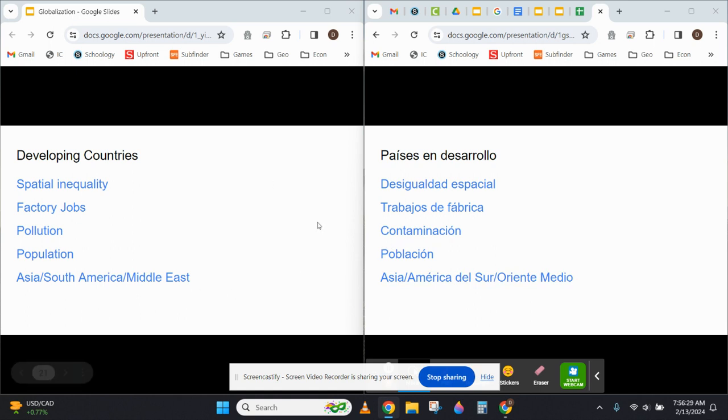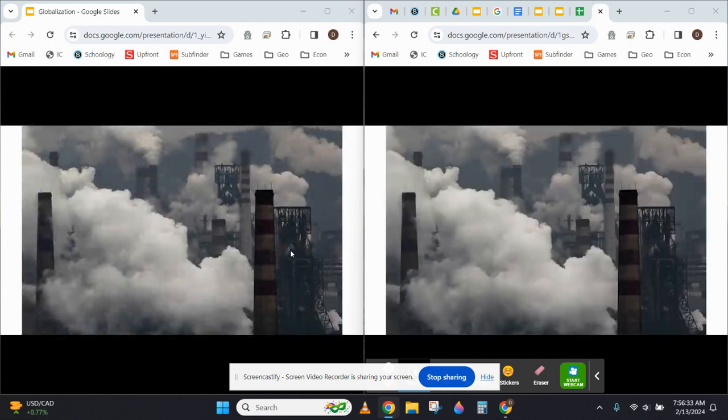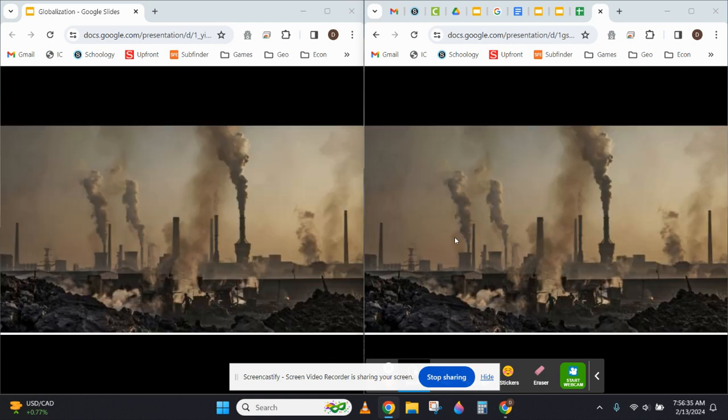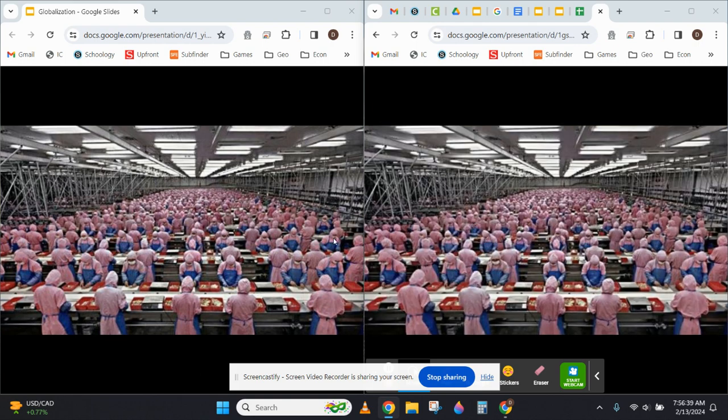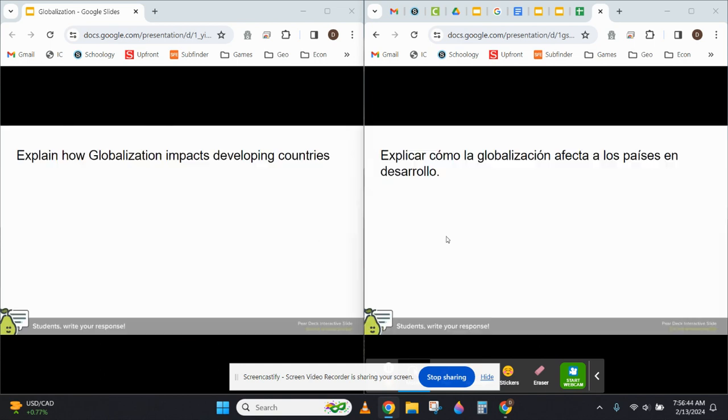These are the countries that are producing a lot of the products. Here are some of those factories, oil refineries. Here's a look inside those factories, people working, making stuff. So again, on the Pear Deck, explain to me how globalization is impacting developing countries this time.